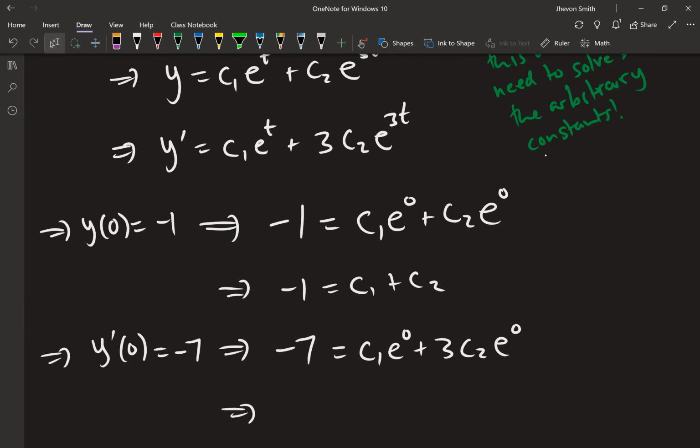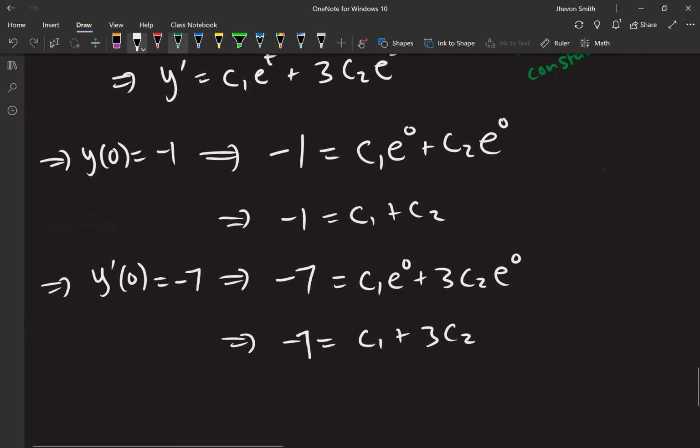So that gives us -7 equals C1 plus 3 C2. Of course, on the lines where you're plugging in e to the 0, you don't have to actually write that down, because you can immediately see that if you plug in 0 in the power of e, it just becomes 1. So you can skip to the second line.